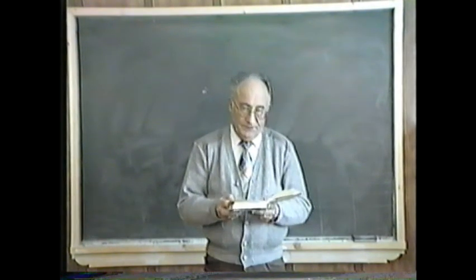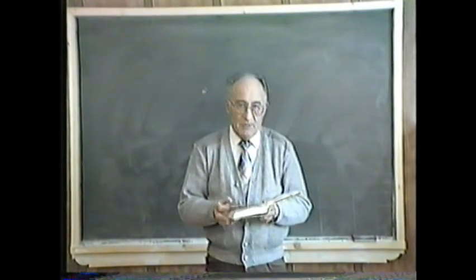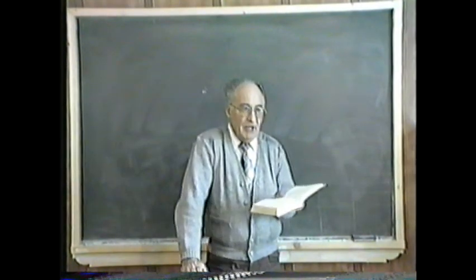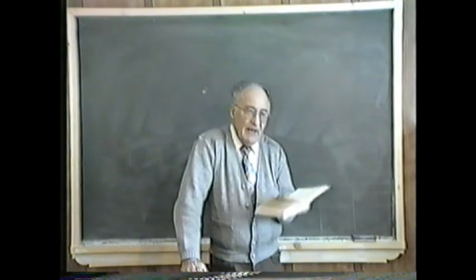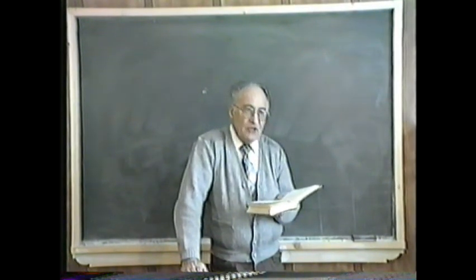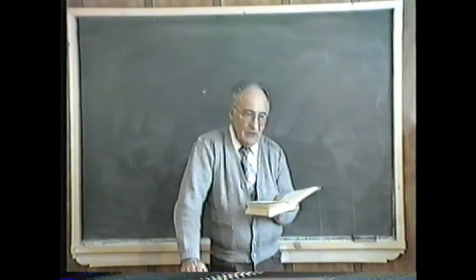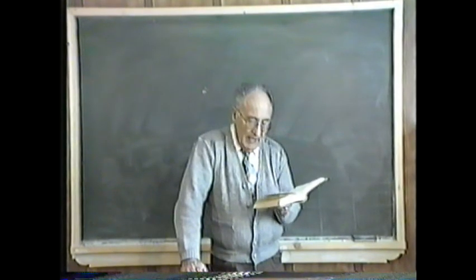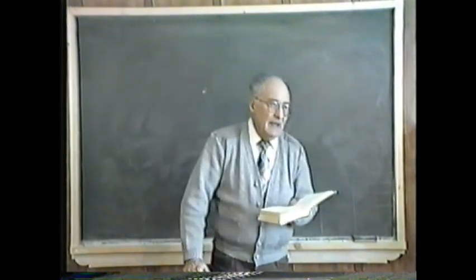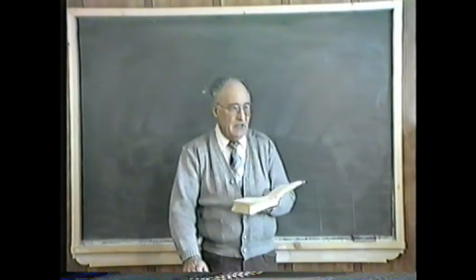Now, as he's going to explain a little bit later, but let me suggest it to you right here so that you can be on the lookout. When you have the demonstrative pronoun that, that's called a remote demonstrative. When you have the demonstrative pronoun this, that is called an immediate demonstrative pronoun.